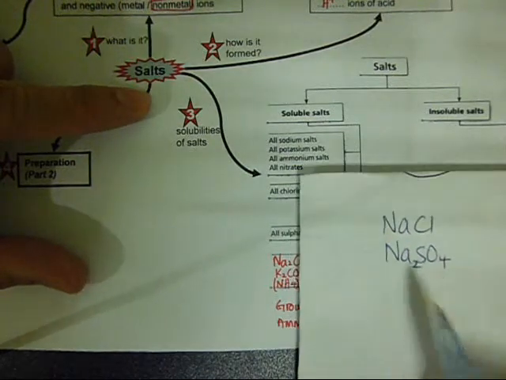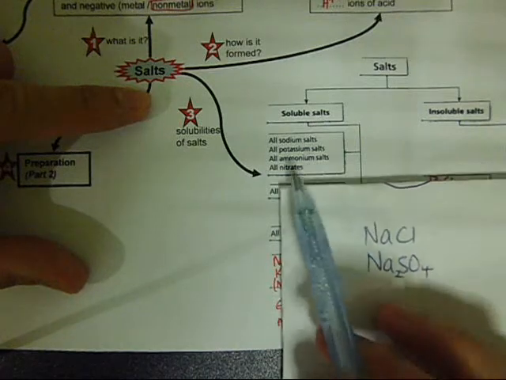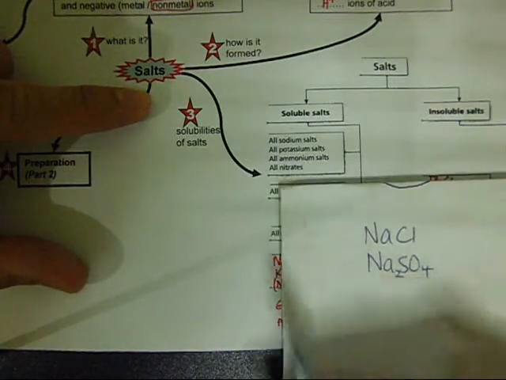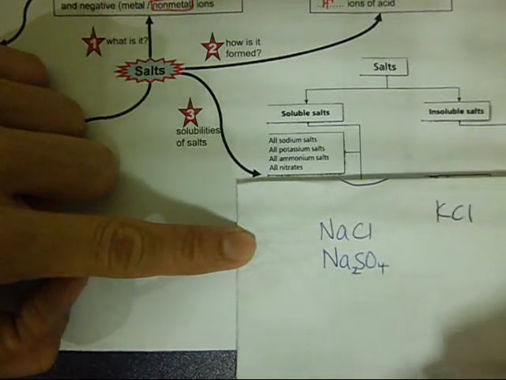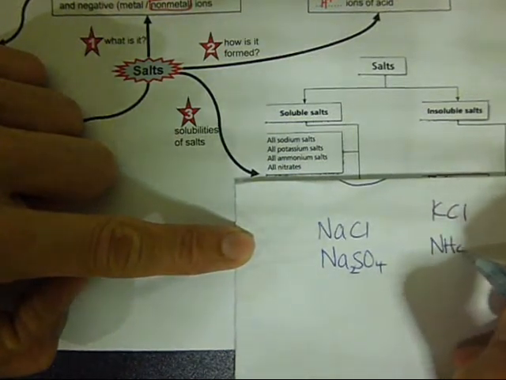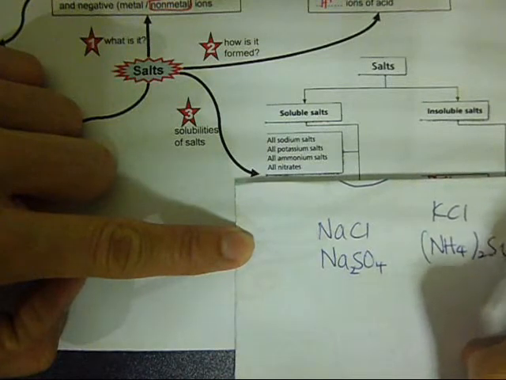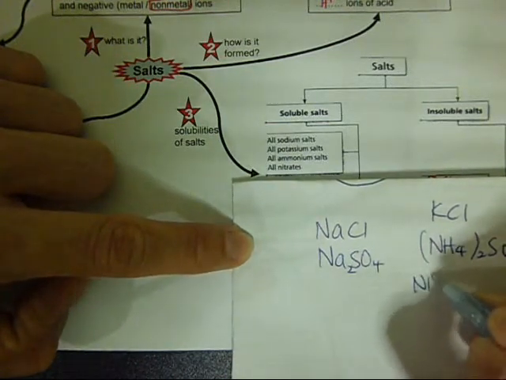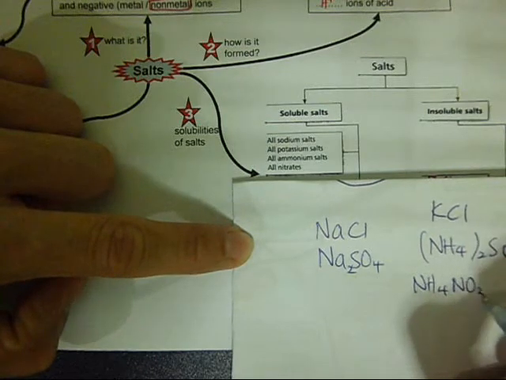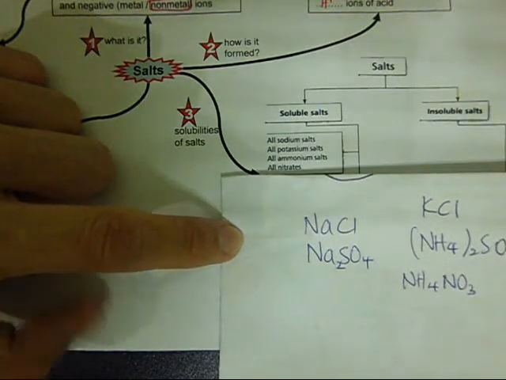Sodium sulfate also must be soluble. Same thing for potassium, ammonium as well as nitrate. For example, potassium chloride, ammonium sulfate, and nitrates like ammonium nitrate, all these are soluble.